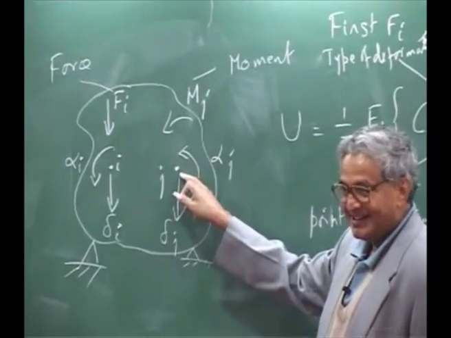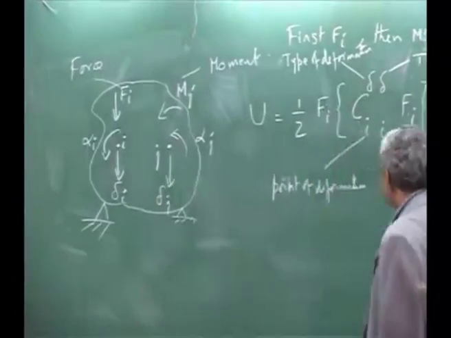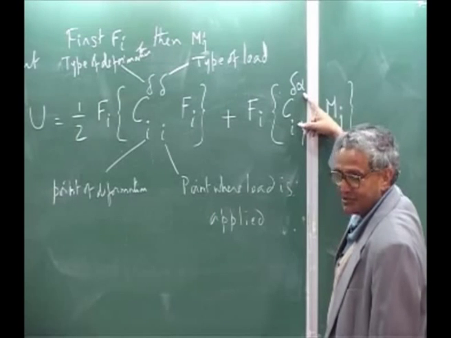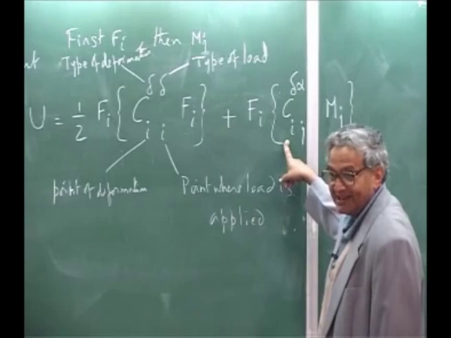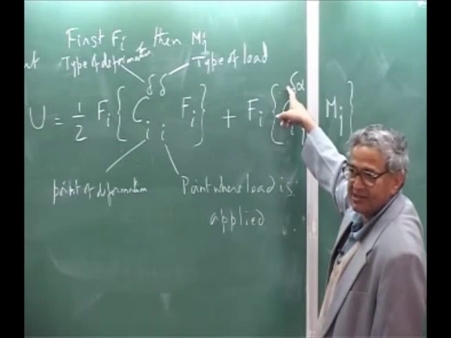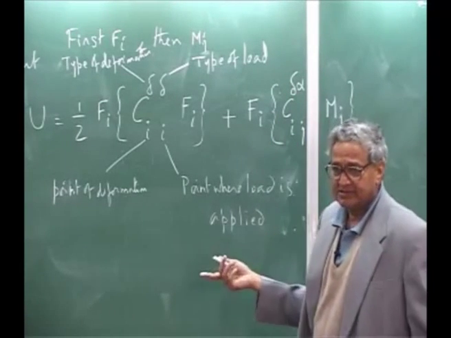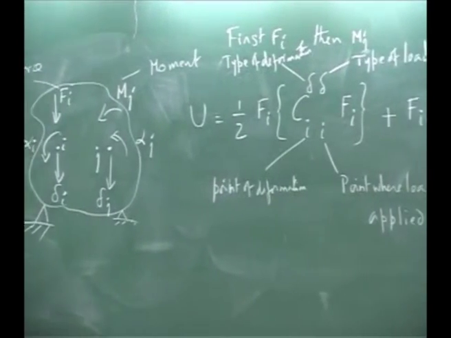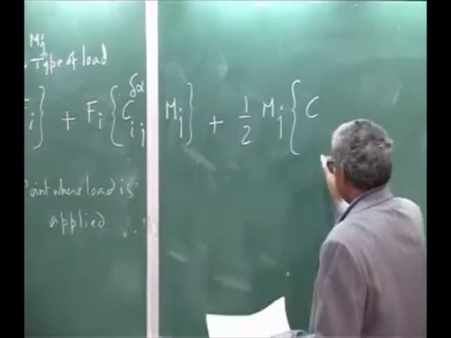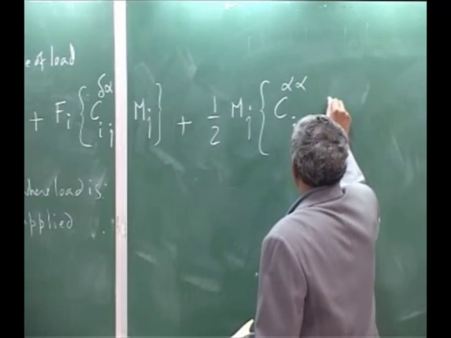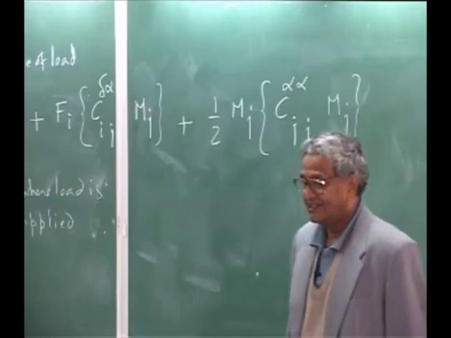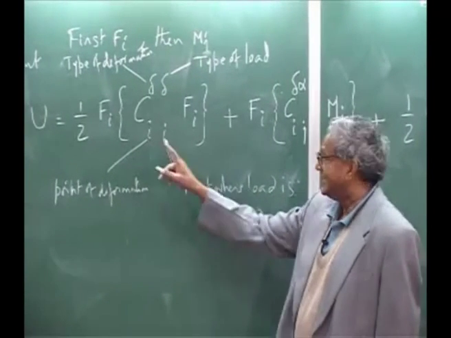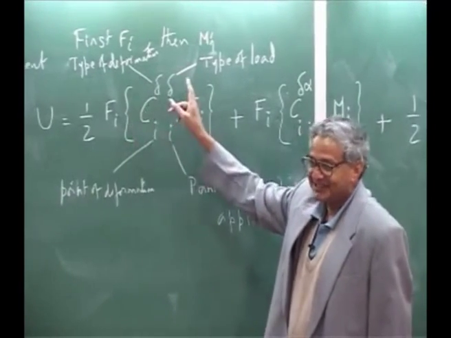Because of this moment, what is the deflection here? J is the location where the load is applied, and it is a moment, hence alpha, rotational load. The deformation is at location I, and it is a translational or linear deformation. The load is F into distance, which is the work done by this load. Now the work done by the load Mj is half Mj C J J alpha alpha Mj. Is it clear? That is why the notation is very, very important: where you measure the deformation, where the load is applied, and what type of deformation and load.